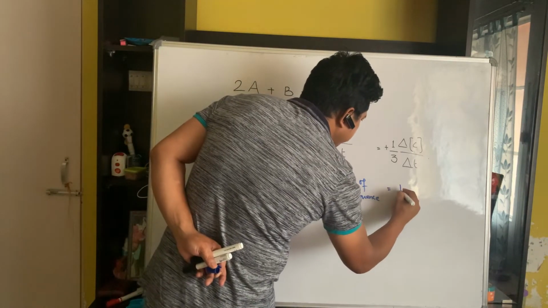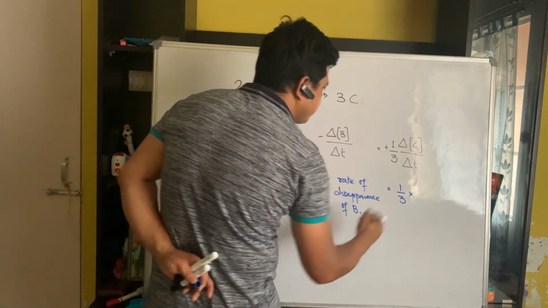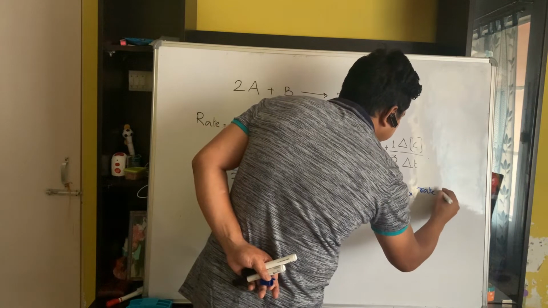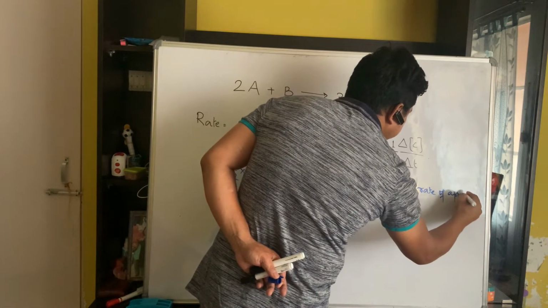The rate will be equal to 1 by 3 times the rate of appearance of C.